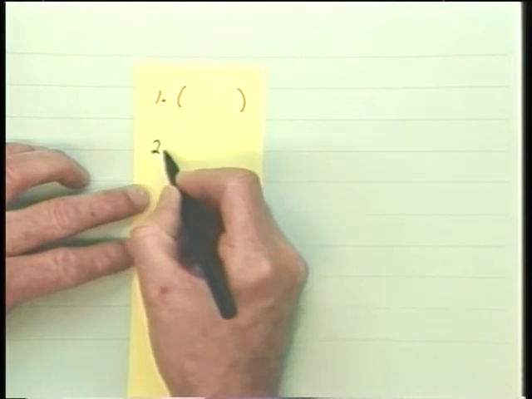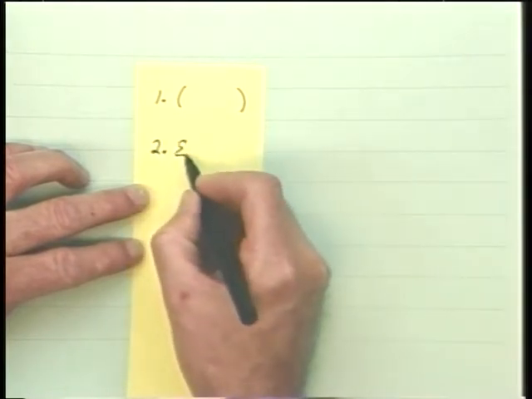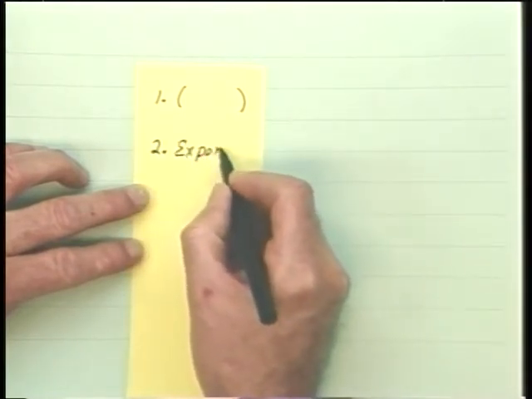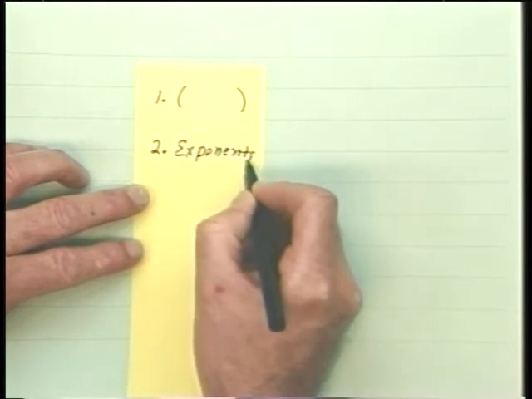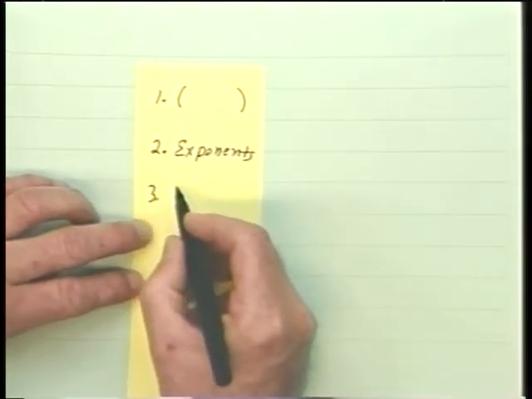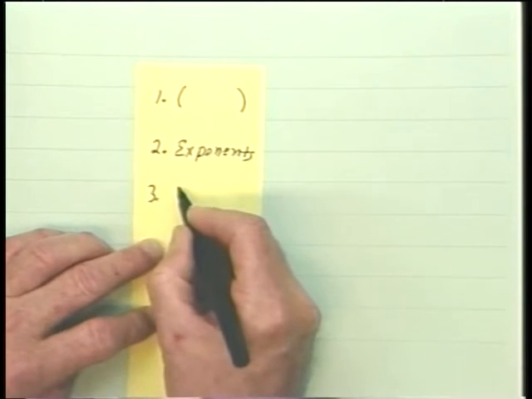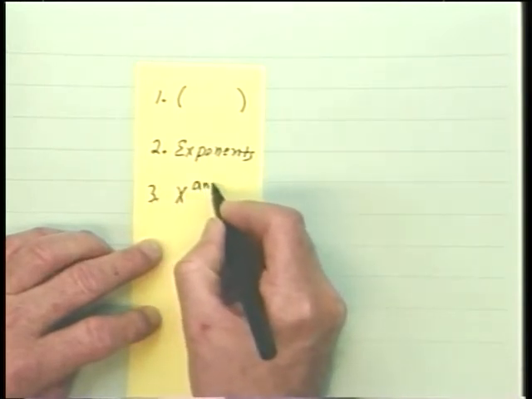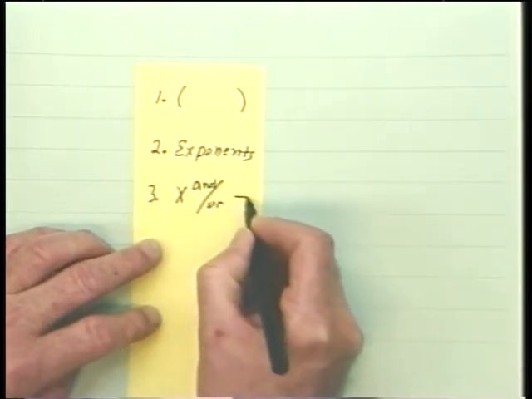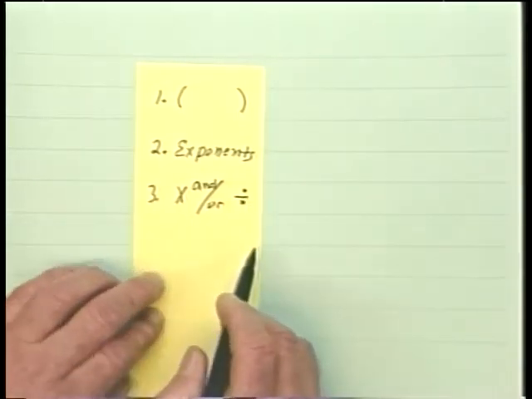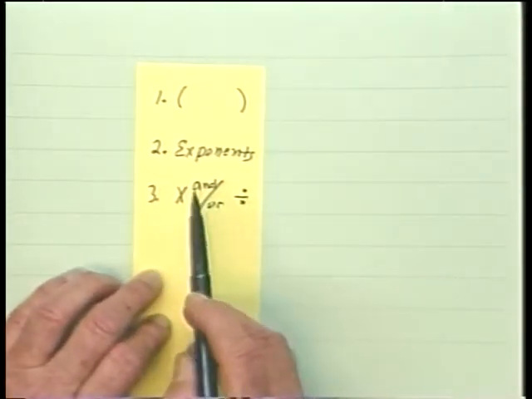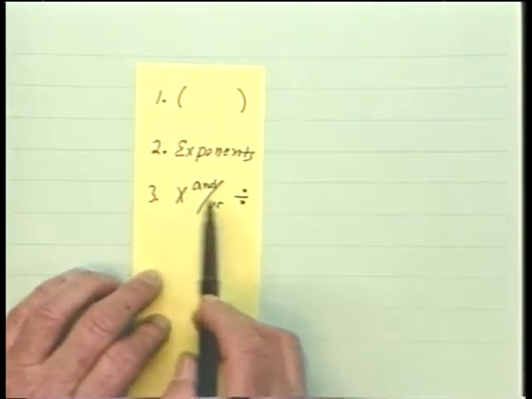Then next I will do the exponents. Then third, I will do the multiplications and or divisions. And the reason we say and or is I do whichever of these comes first.